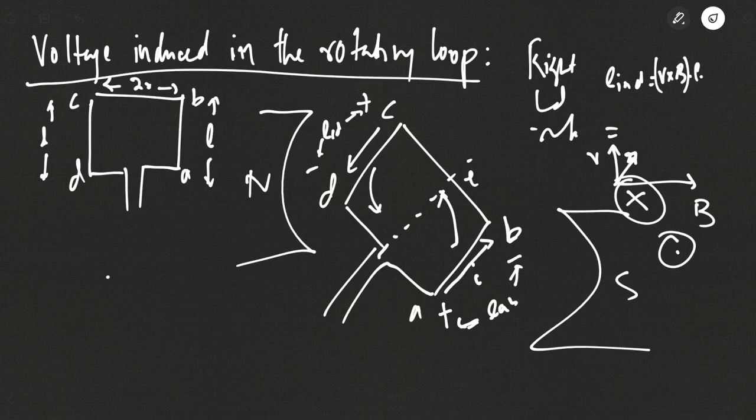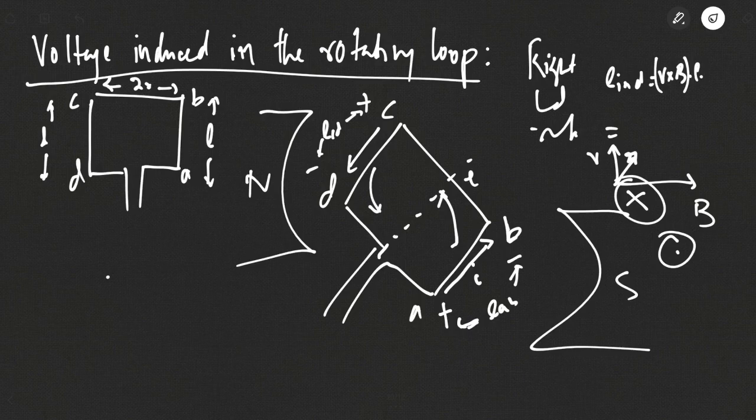So in the case of segment AB, when it's under the influence of south pole, you will see EAB will be equal to VBL, because V and B have an angle of 90 degrees with respect to each other, and V cross B has an angle of 0 degrees with respect to L.